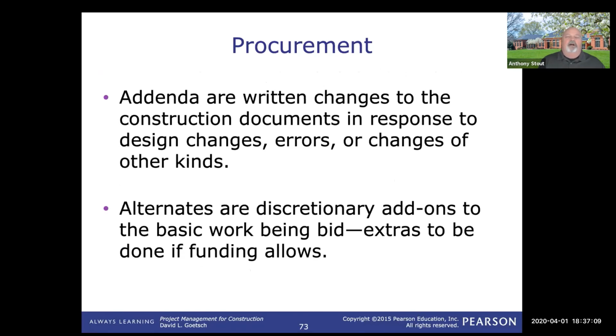Written changes to the contract are in the addenda, and then we could talk about discretionary items or add-ons or options as part of the bid. So an RFP or an RFQ may ask you for a specific item and then ask you to also cost out things like, if we're talking about home construction, a sunroom or an exterior building like a shed or a barn that may or may not be actually issued in the contract.